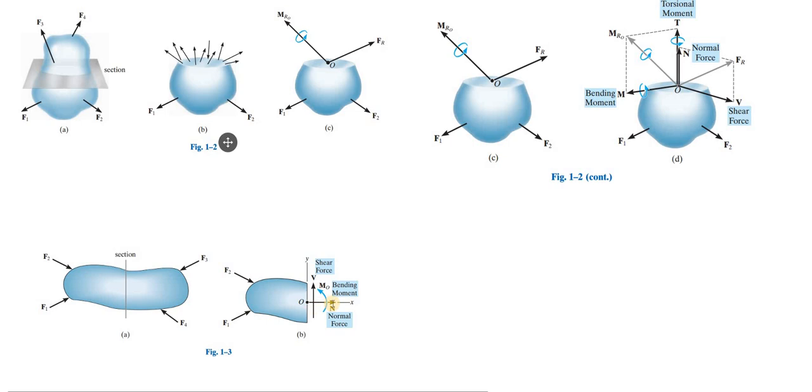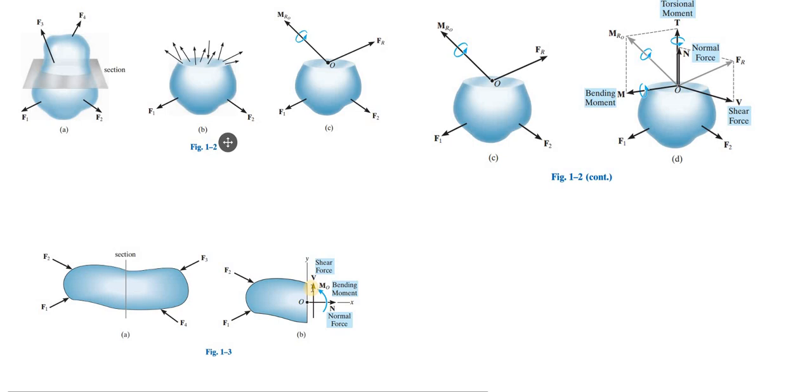So for example, if you consider some reference coordinate system, X directed along this direction, Y directed along this direction, then N could be determined by considering summation of all forces acting in the X direction.